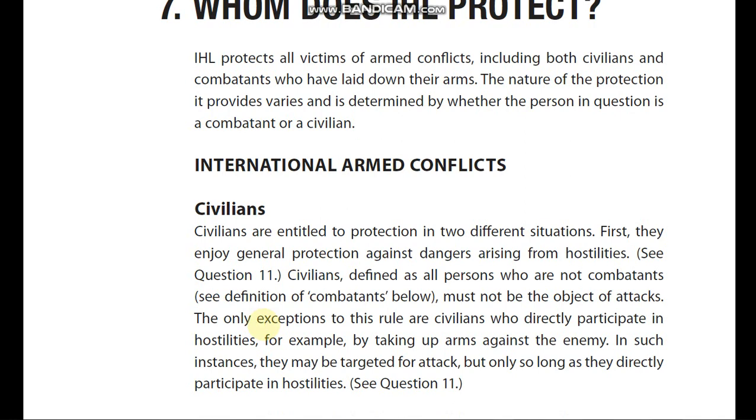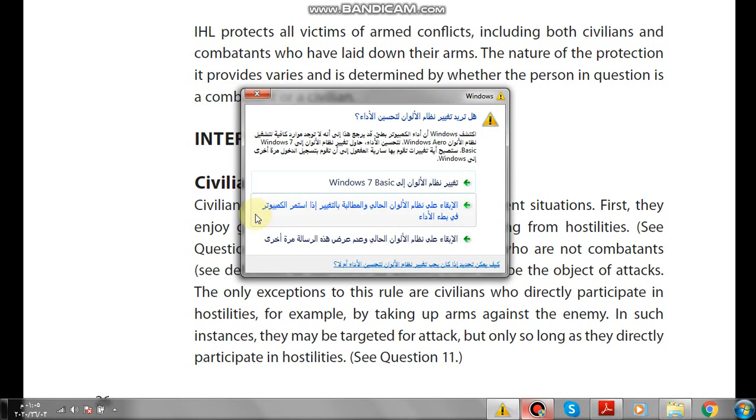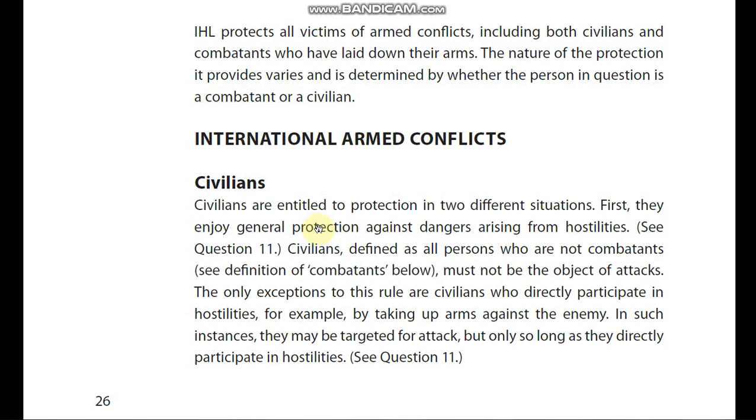Under IAC, there are two main kinds of persons who are protected under IHL. The first is civilians, and the second is combatants, who are not civilians because they take part in hostilities, and are mainly designed to take part in hostilities. Regarding civilians, they are entitled to two kinds of protection.